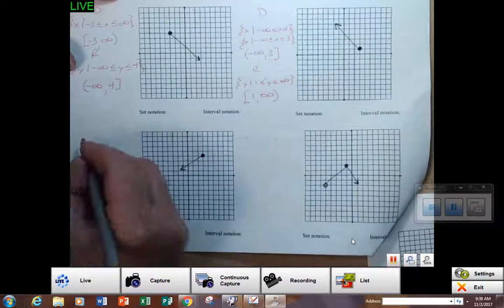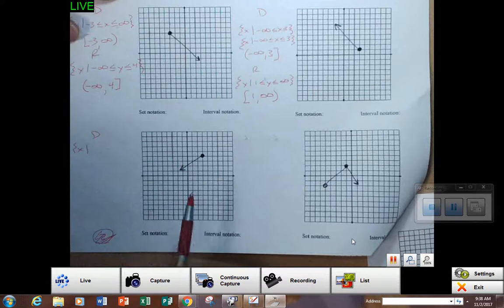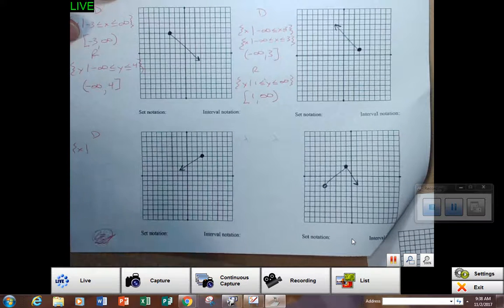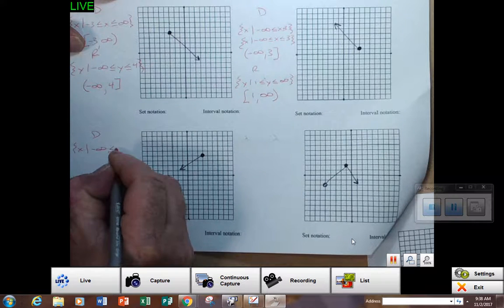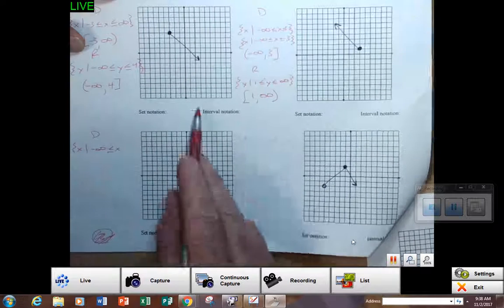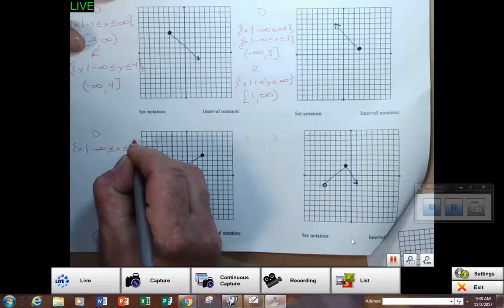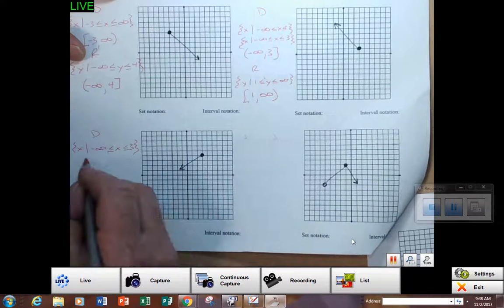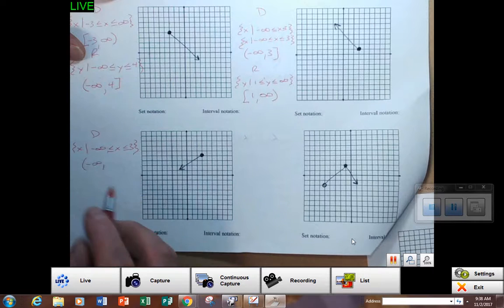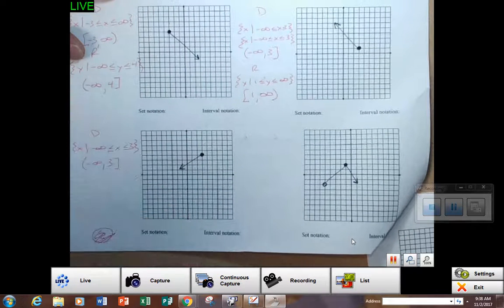All right, next, this one. Domain would be x. Negative infinity going off to the left is the left boundary. That would be less than or equal to x, to positive 3 right there. Less than or equal to, because of that solid circle. If I did that, interval notation would be rounded bracket negative infinity to square bracket 3.